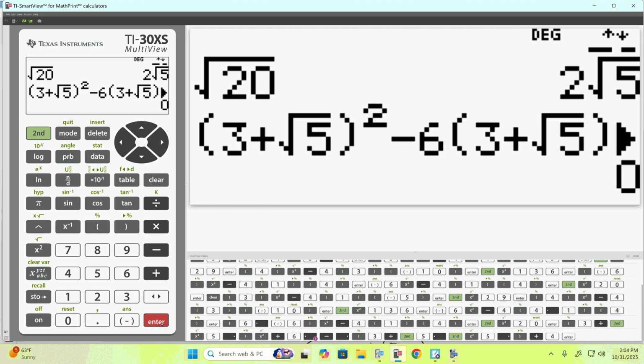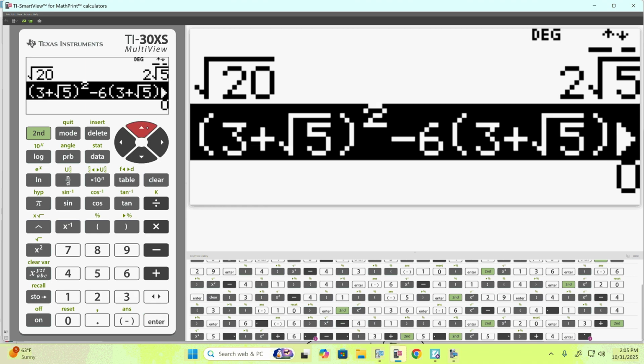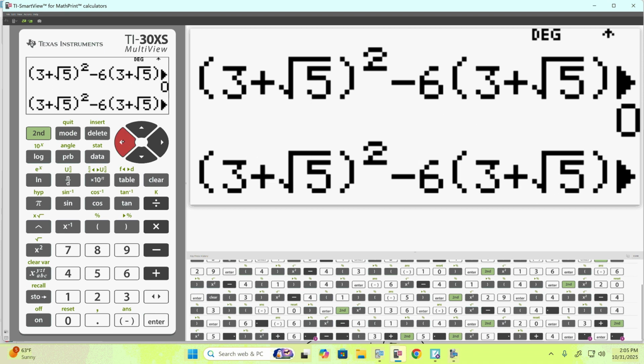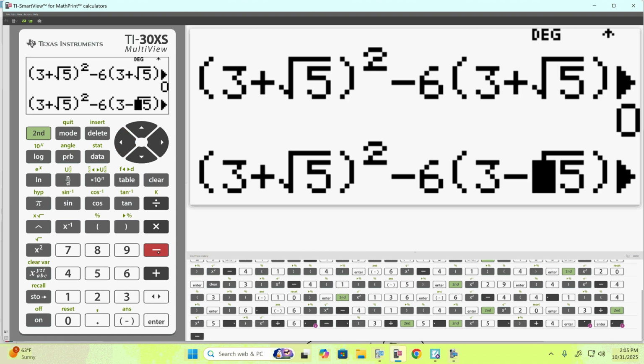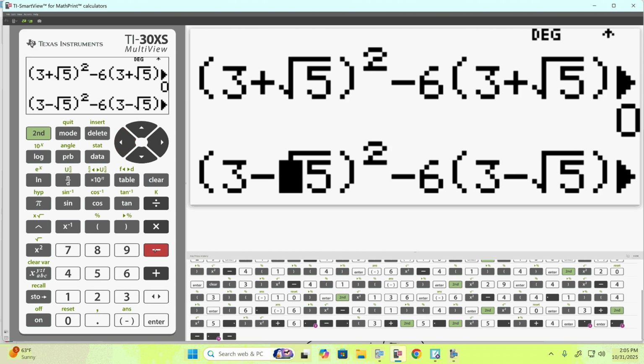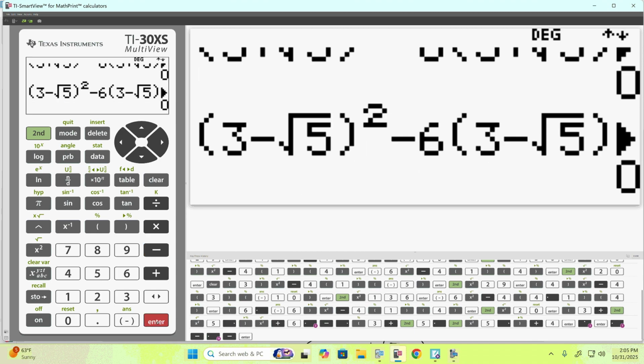Now the nice thing with the calculator, I can go up, highlight it, and hit enter. It'll bring it back down. And what I can do, instead of retyping the entire thing back in, I can go and change it from positive square root of 5 to negative square root of 5 in both places. Hit enter again, and it'll tell me it is.